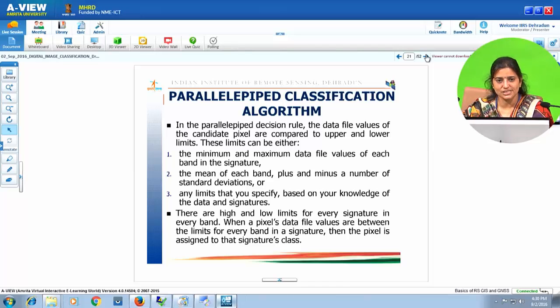There are high and low limits for every signature in every band. When a pixel's data file values are between the limits for every band in a signature, then the pixel is assigned to that particular signature's class.